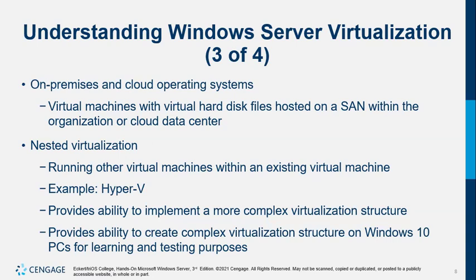Some of the options that you have out there with cloud computing are Azure, which is the Microsoft cloud computing environment, and AWS for Amazon and things like that. So with that, we're going to look at some of the different options that we can configure.